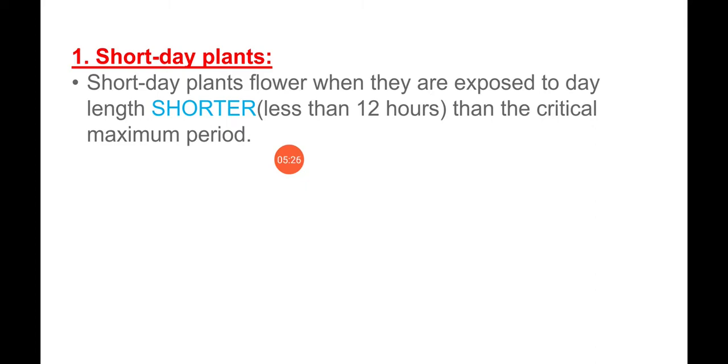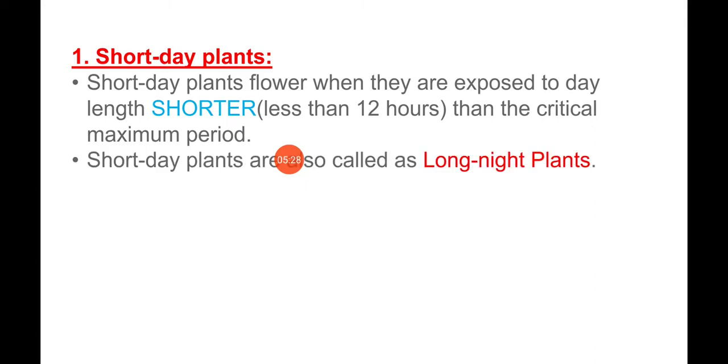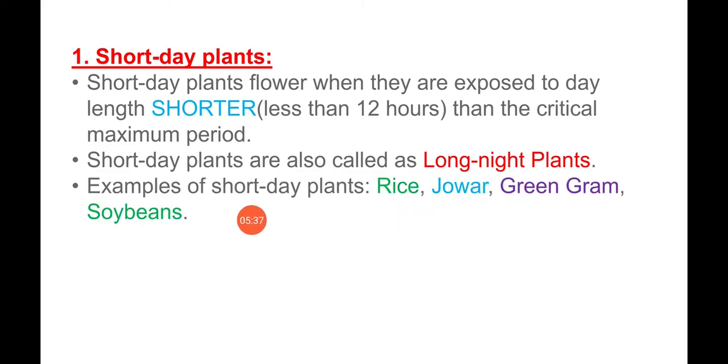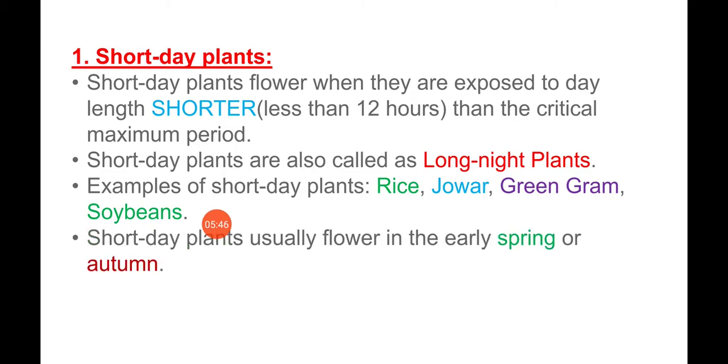Such plants are called short day plants. They are also called long night plants. Examples are rice, jowar, green gram and soya bean. Short day plants usually flower in early spring or autumn.